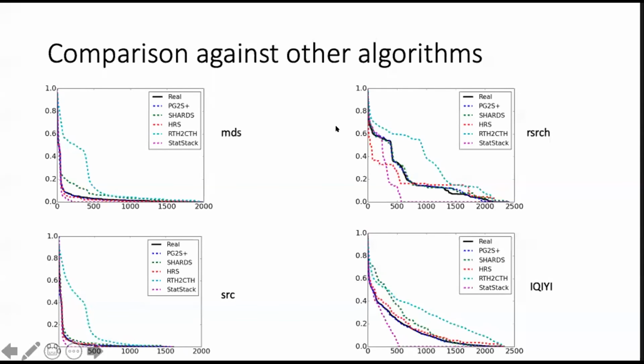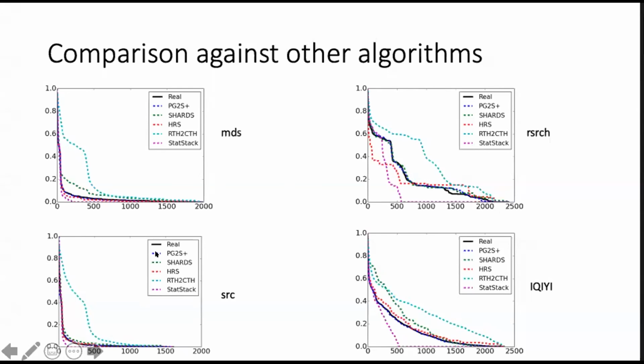Here we present the experiment results for some subtraces against the other algorithms. As we can see, RTH to CTH is always the upper bound of the ground truth, and StatStack, again using the gap distribution, is a lower bound of the ground truth.